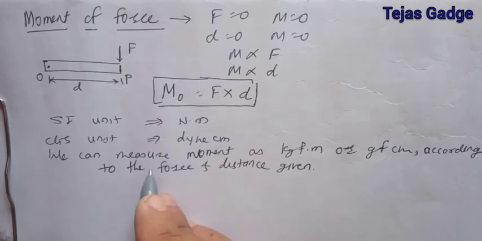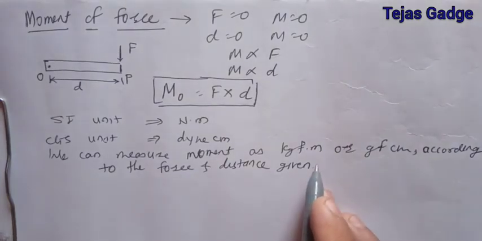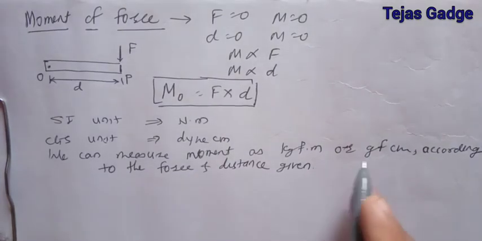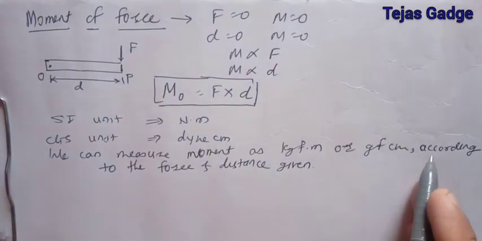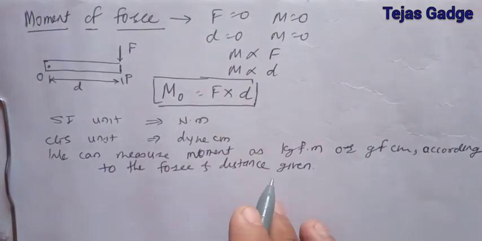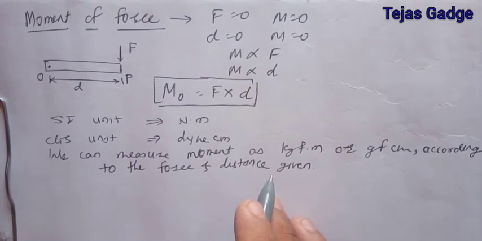We can also measure moment in kg force meter or gram force centimeter, according to the units of force and distance given. Okay, these are the units of moment of force.